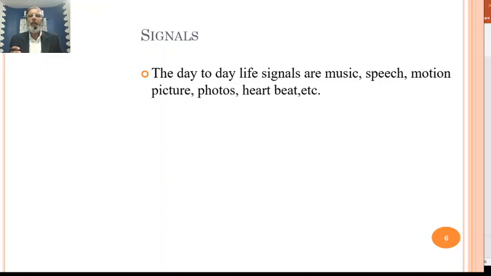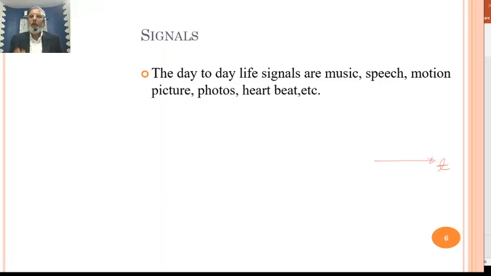The day-to-day life signals are music signals, speech signal, motion picture, photos, and heartbeat signal. Now I am speaking with you, this is the speech signal, and the speech signal is a function of an independent variable, and that independent variable is time.